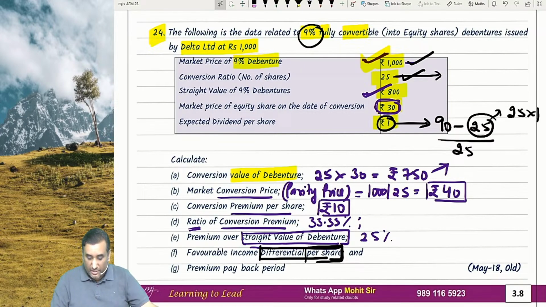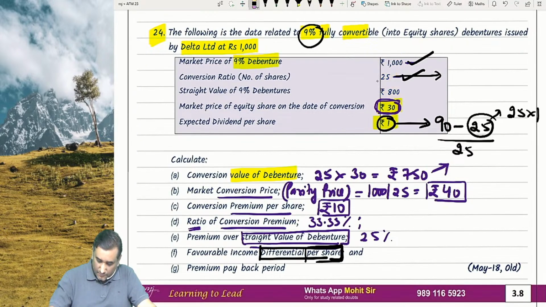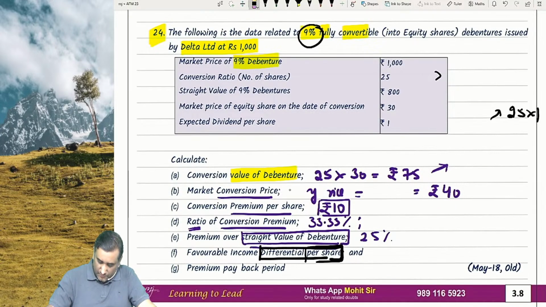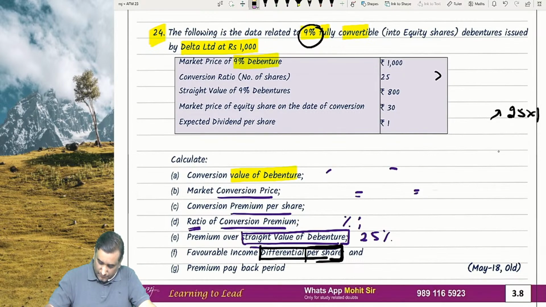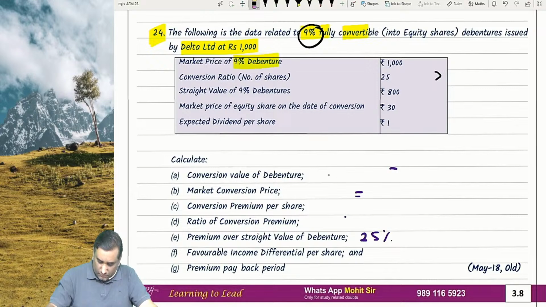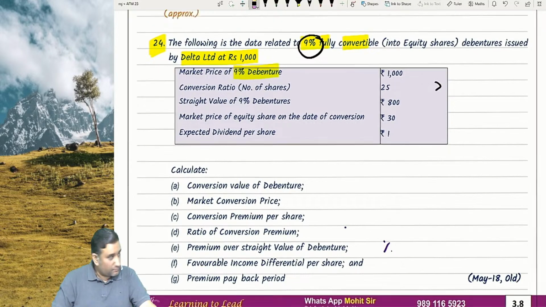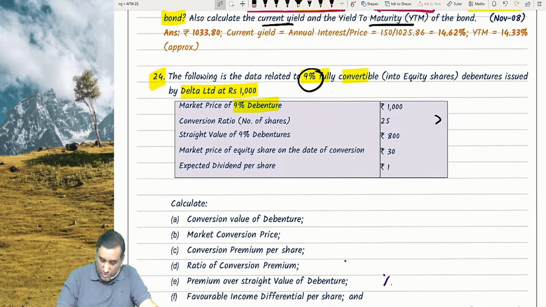Following is the data related to 9% fully convertible equity share debenture issued by Delta. 1000 rupees market price you have. Conversion number 25.